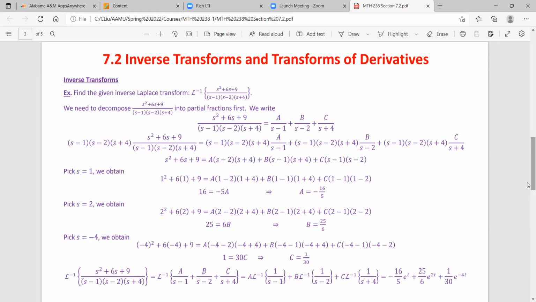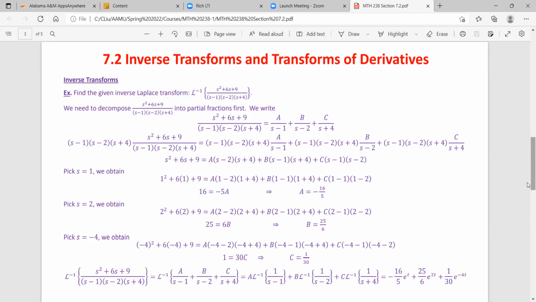You don't have to multiply another s minus 1 or s minus 2 or s plus 4 from the right side because it's already included in this common denominator. So just multiply this least common denominator on both sides, on each term.